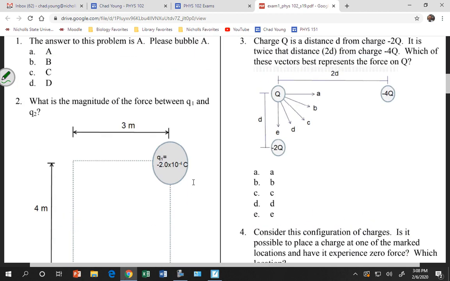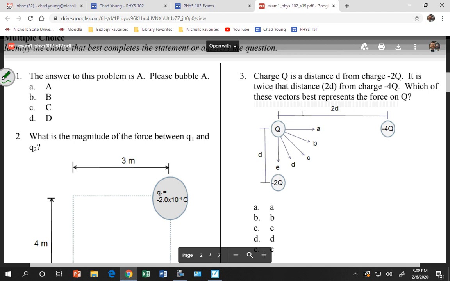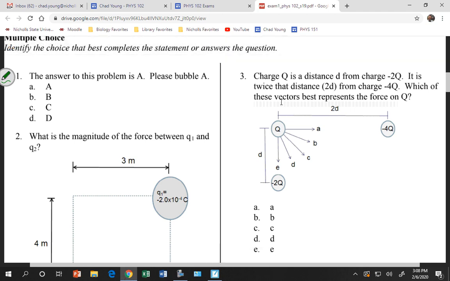Okay, you're going to have a question like number 3. Want to look at number 3? Okay, so on these, you just draw the vectors. And there are a couple things that you need to consider, the distance and the magnitudes of the charges. And here I'm looking at forces, so F is equal to KQQ over R squared.